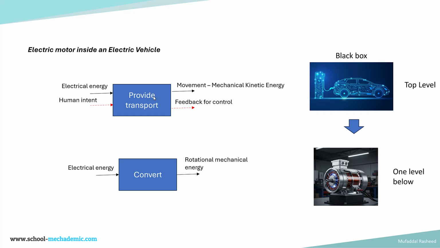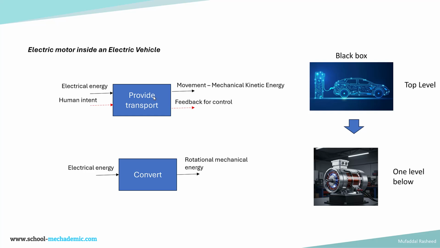Now this top level product can be broken down into multiple sub functions. One of the sub functions is the operation of the electric motor. What the electric motor is doing fundamentally is converting electrical energy into rotational mechanical energy. This is the most fundamental functional breakdown of a system which has an electric motor. This electric motor will be part of a larger system, the electric vehicle, and it is a sub function of that larger system.